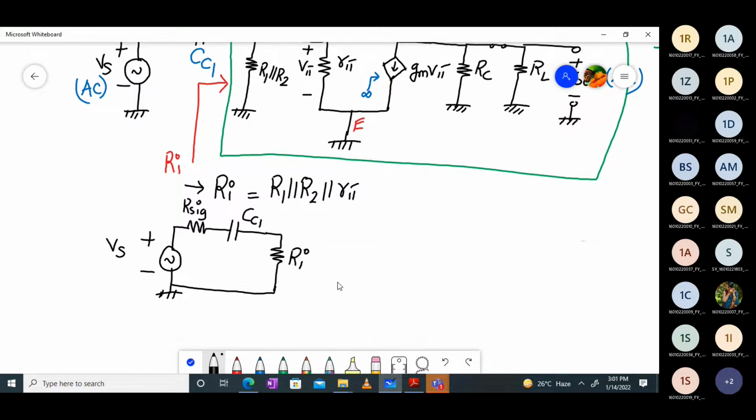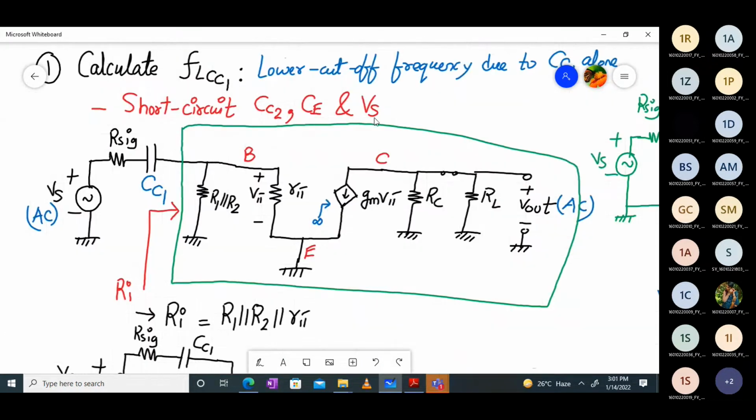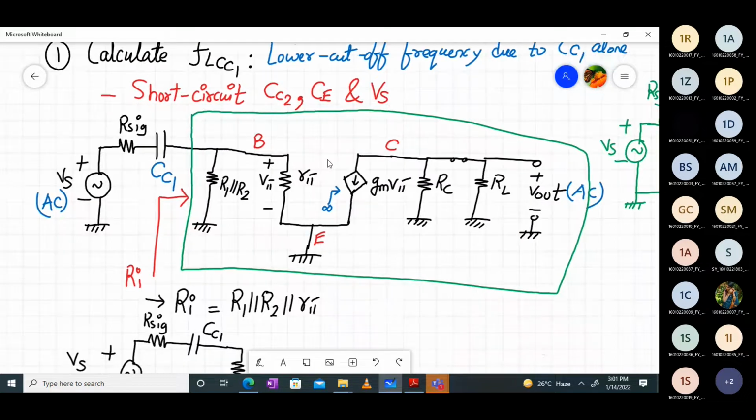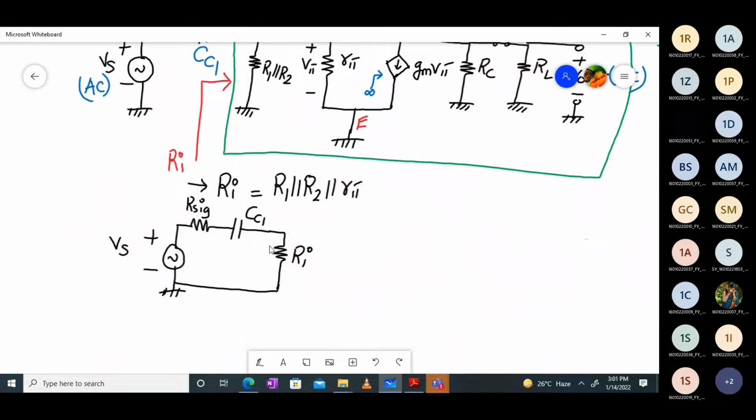Now it has become very simple for us to write. Also, one more condition was there: short circuit Vs. Short circuit Vs means this terminal will be connected to this terminal, which makes Vs equal to 0.